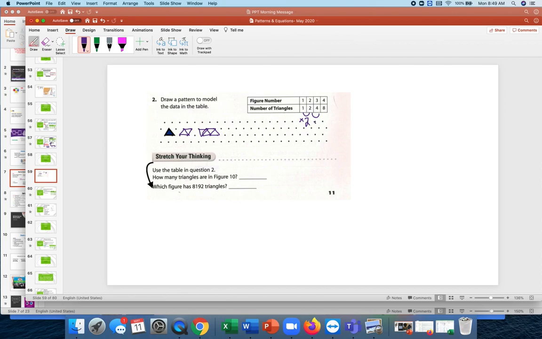So 2 times 2 is 4, and then 4 times 2 is 8. That's what's happening, so what we could do is continue this pattern. That's probably the easiest way to do it. I'm going to show you guys how to figure out the expression in the next slide.